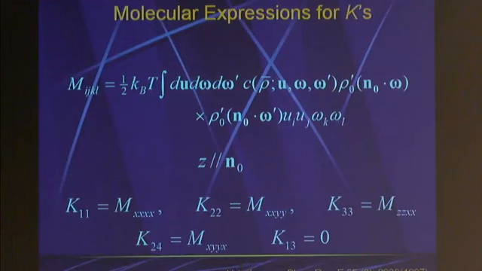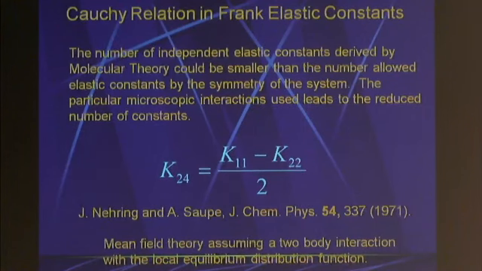When we compare that expression with K11 and K22, we can show that Cauchy relationship. That follows obviously from your expression for M. So at this level, the Cauchy relationship holds because of the local equilibrium assumption. And I'm going to show you this is just approximate.